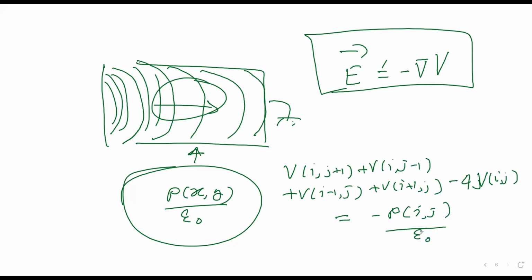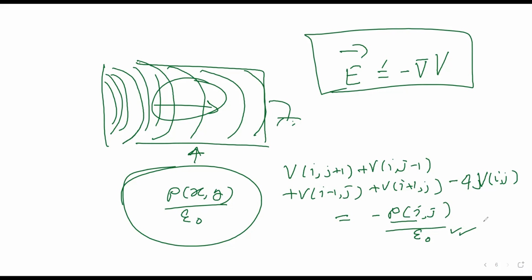You got the point? So if your rho(x,y) is available, then at each point i and j, you can calculate the value of rho, and that will be inserted in this equation. In this way, you can solve Poisson's equation.